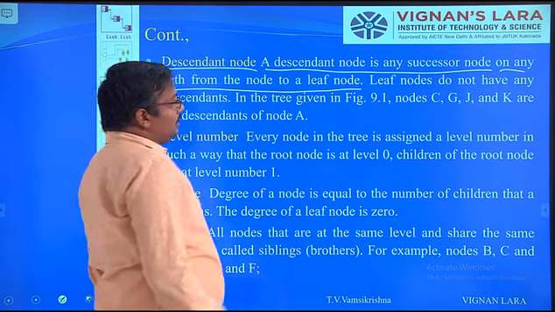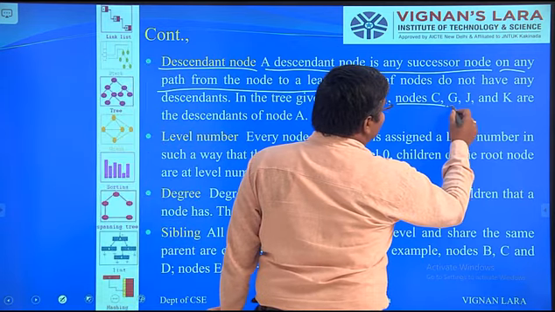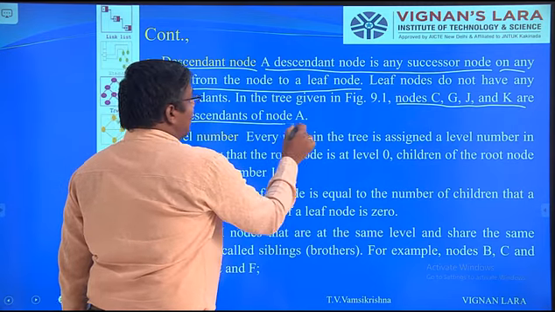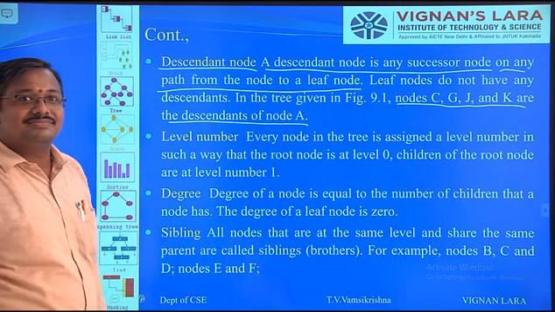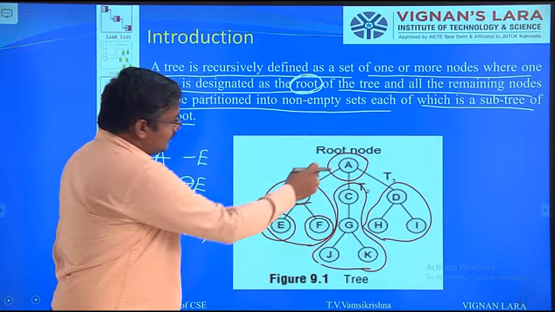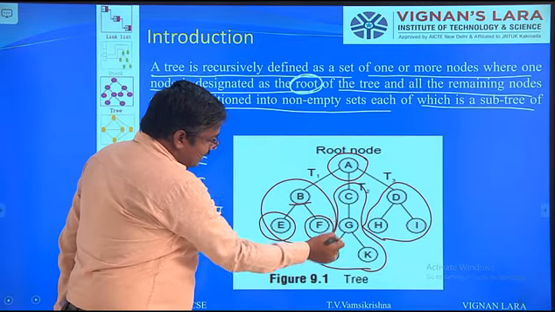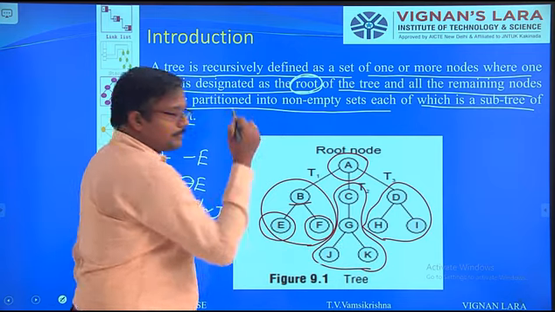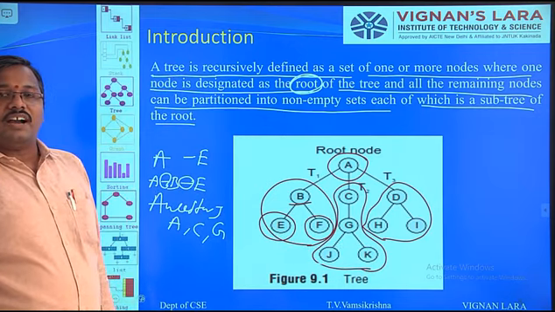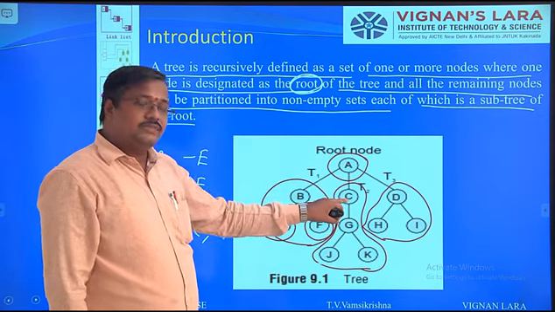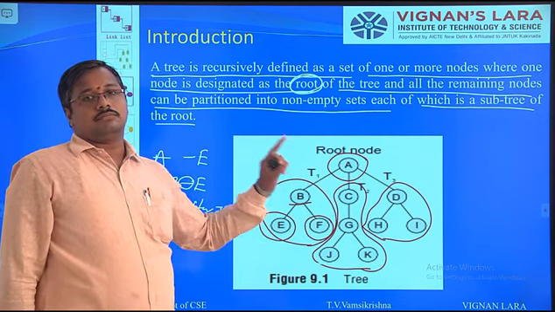So for example, nodes C, G, J and K are the descendants of node A. What are the descendants of A? Means the successor nodes which are derived from A.